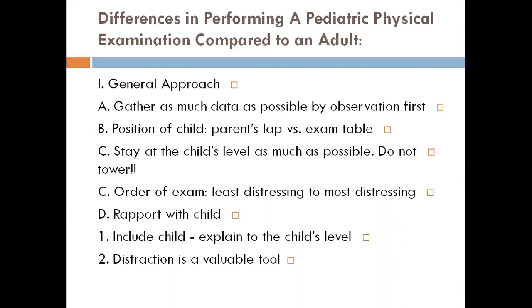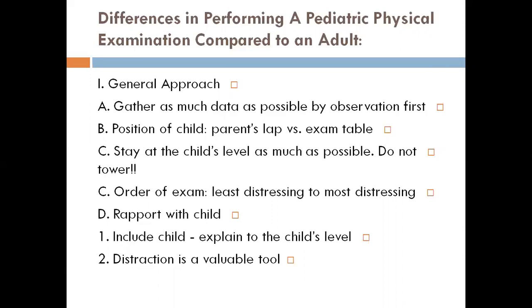The position of the child. شنو اللي يخليني أهتم بالposition of the child? Because this is very important to ease the examination of the child. Parents lap. أحط الطفل إذا كان كلش صغير ممكن طفل ما يسكت فنضطر نحطه بحضن الأم parent lap on examination table.